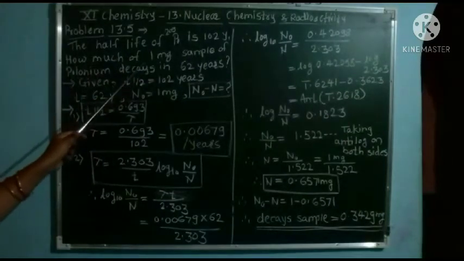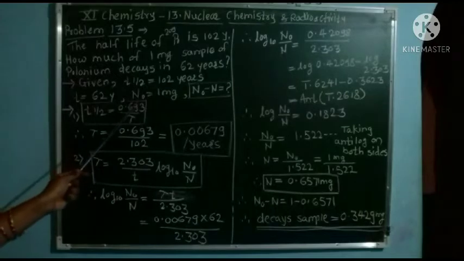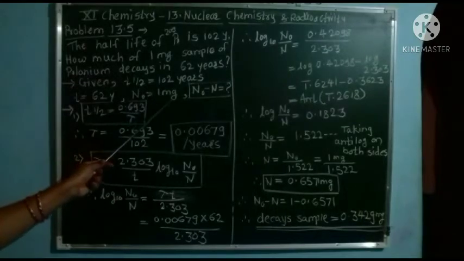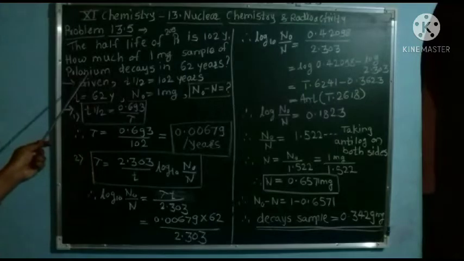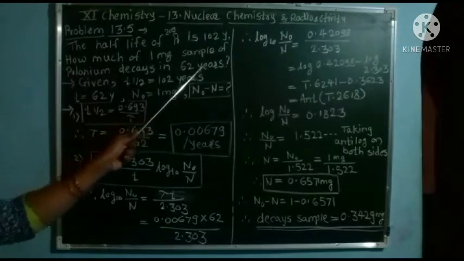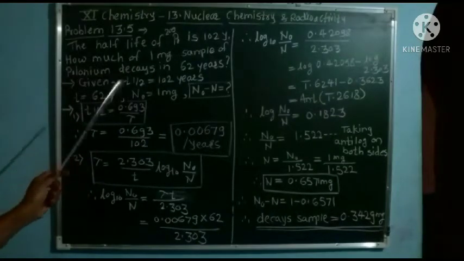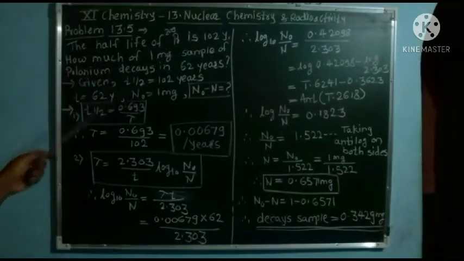How much of a 1 milligram sample, means the initial number of nuclei is given, that is N0. N0 is 1 milligram. Sample of polonium decays in 62 years, means time is given, 62 years.